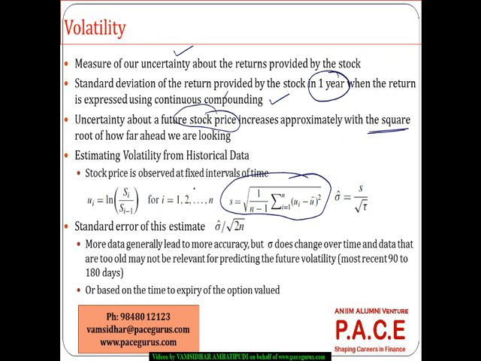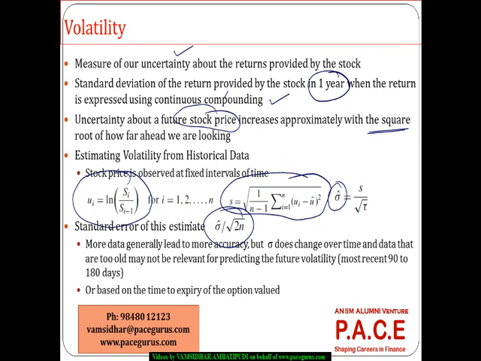If we are observing from the historical data, first, on a daily basis I am taking the data, and I am computing the returns on a continuously compounded basis like this. From there I find the standard deviation, and whatever I get, I divide it by the square root of time to get the estimate of the population standard deviation.